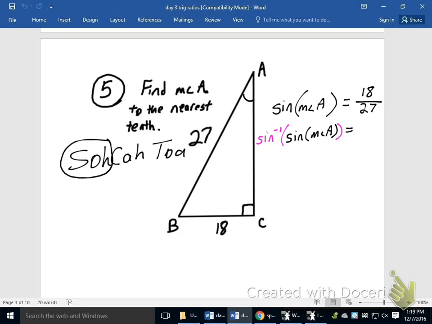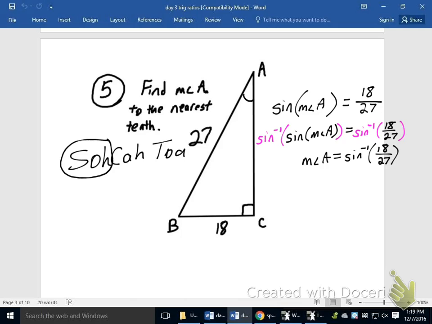So it'll be the sine inverse on that side and the sine inverse on the right side, and that's sine to the -1 power. Rarely do I write that step out. I usually just jump straight to where it cancels on the left-hand side to just the measure of angle A, and it equals the sine inverse of 18 over 27.